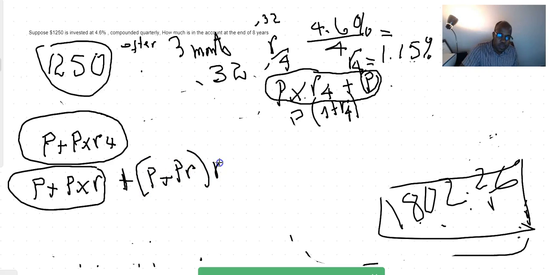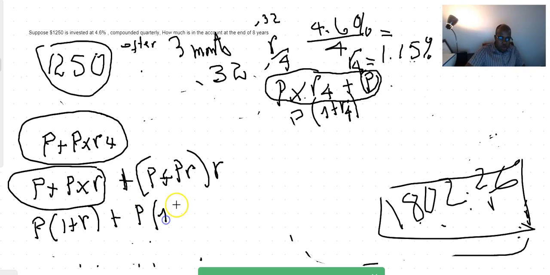There it is. This is for my second period, 6 months. From there I say, wait a minute, I can do what we call a factorization. I have P here, and I have 1 plus R here, and then times R. Wait a minute, I can still do another factorization, since this is common.